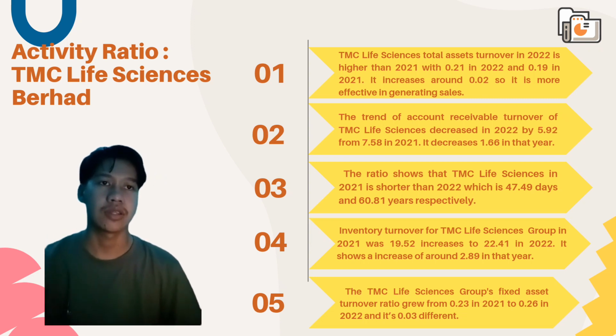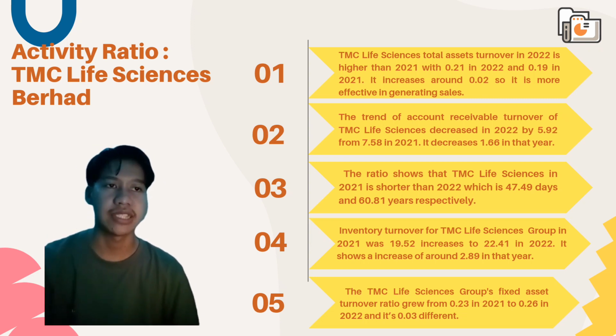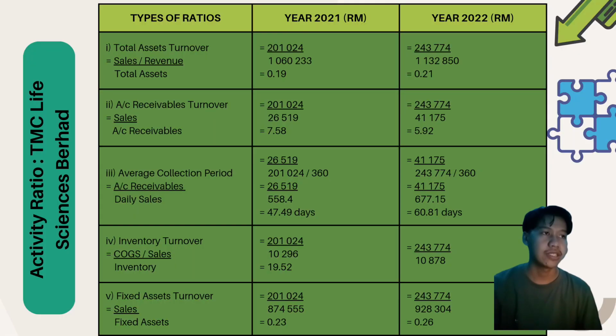Today I will talk about activity ratio for TMC Life Sciences BERHAD. TMC Life Sciences total asset turnover in 2022 is higher than in 2021, which is 0.21 in 2022 and 0.19 in 2021.